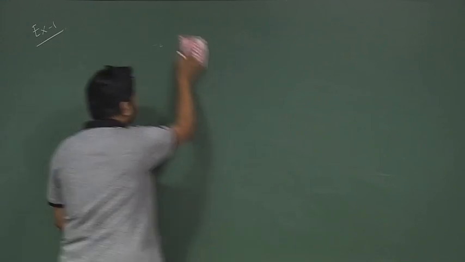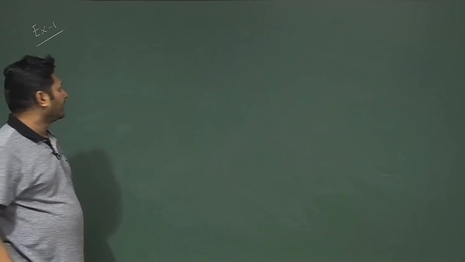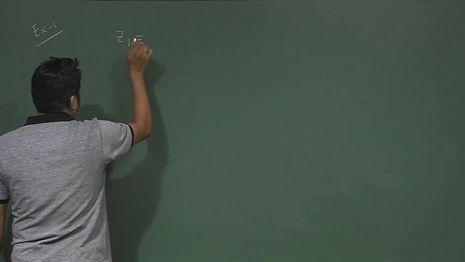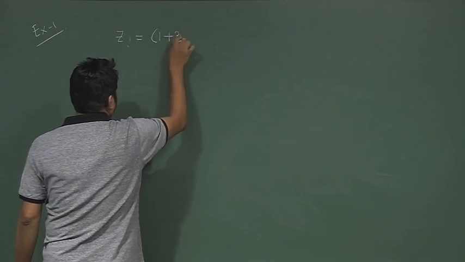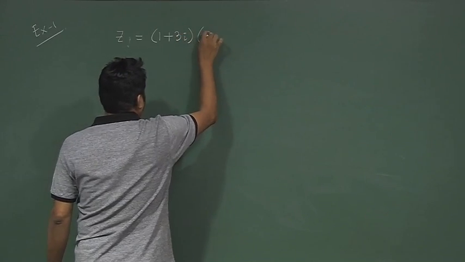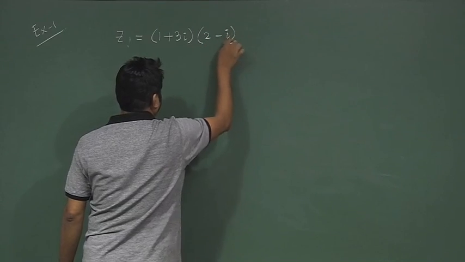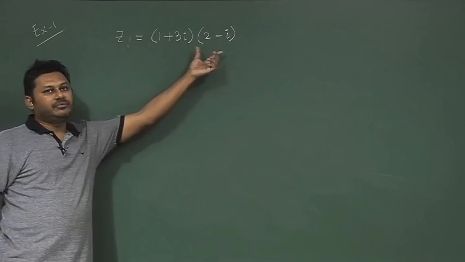a similar kind of problem may be given to you, but instead of having a plus sign, for example, z is (1 plus 3i) times (2 minus i). Again you need to find out what is the real part, because it is a multiplicative form.